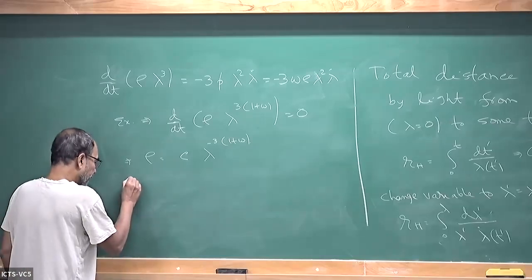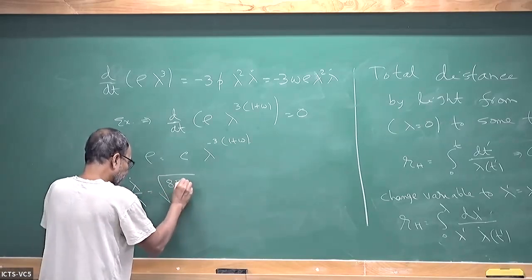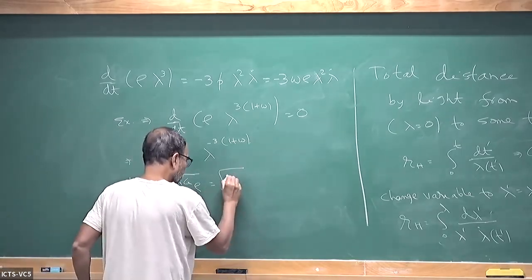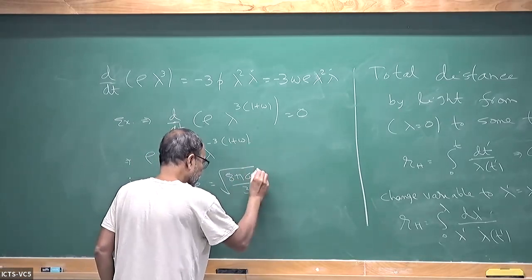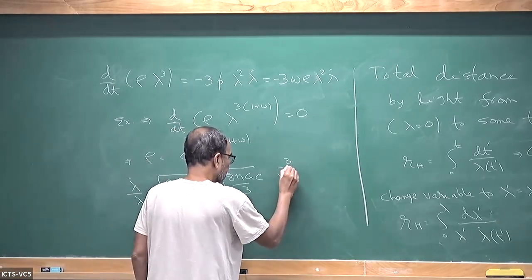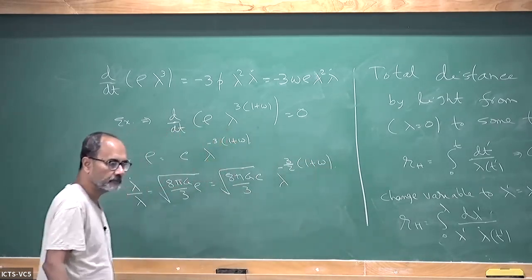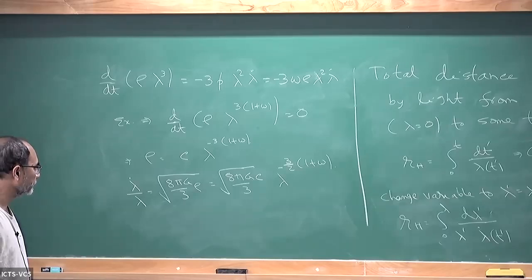So the Friedman equation now tells us that lambda dot over lambda, which is square root of 8 pi G over 3 times rho, is square root of 8 pi G over 3 times C times lambda to the power minus 3 by 2 times (1+w).